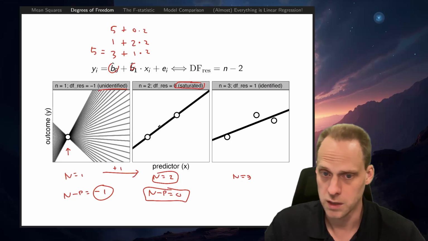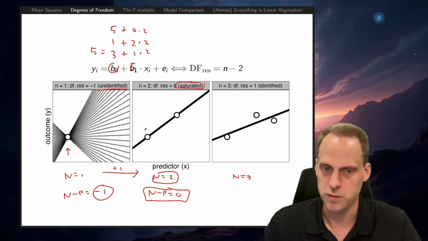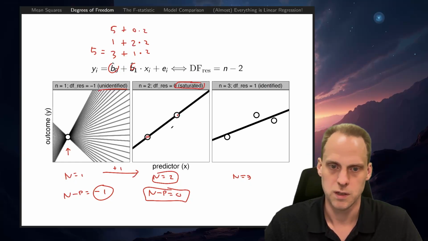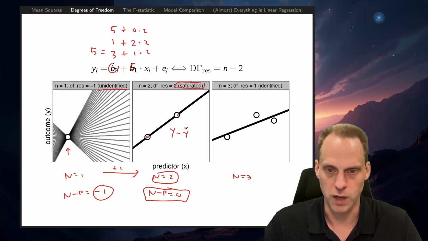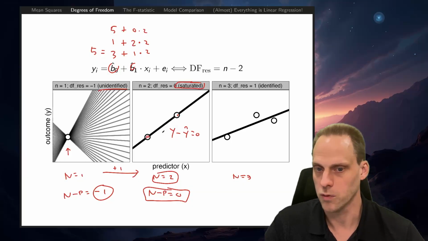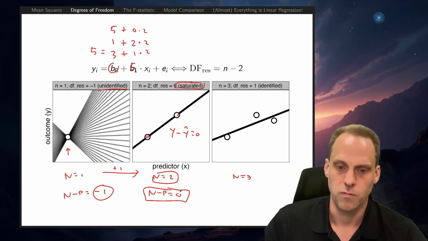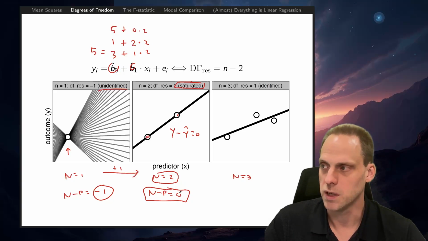Again here, okay, we can estimate the total variance, but we cannot estimate the residual variance from this line because both points are on the line, right? So y minus y hat, the predicted value, the height of the line, equals 0 for both points. And because of that, we don't have enough information again to estimate a variance.